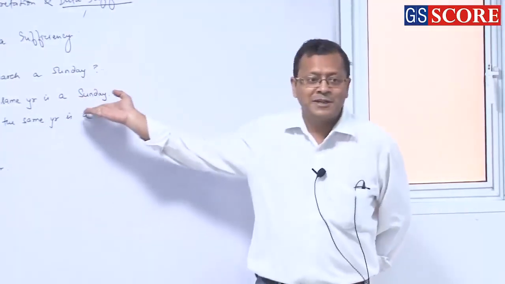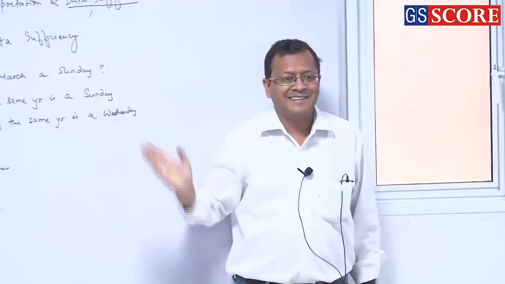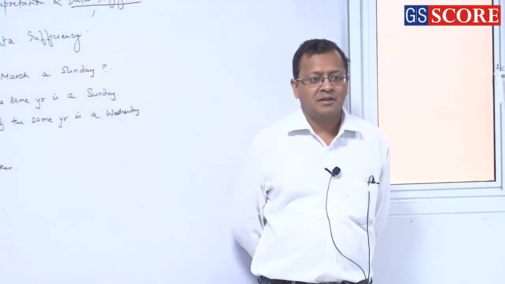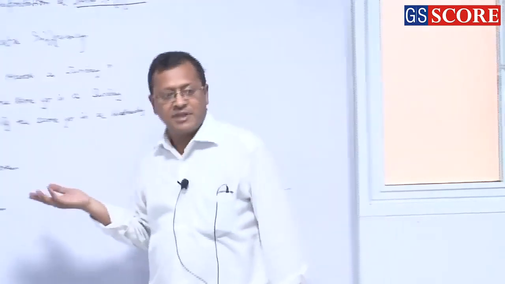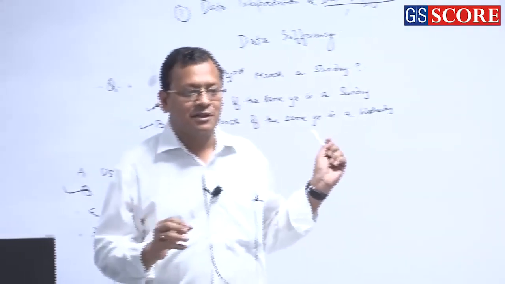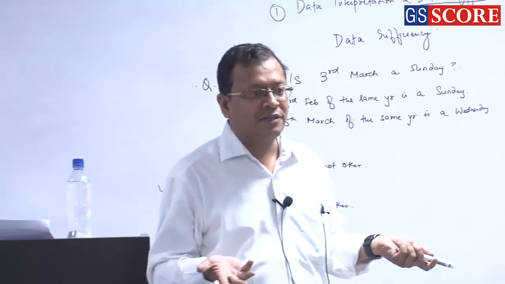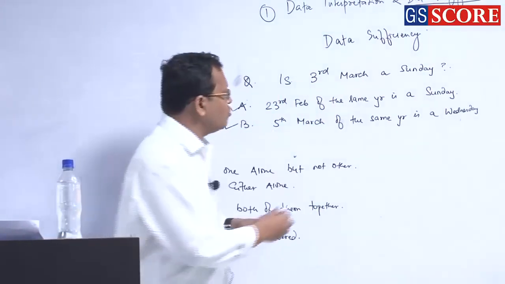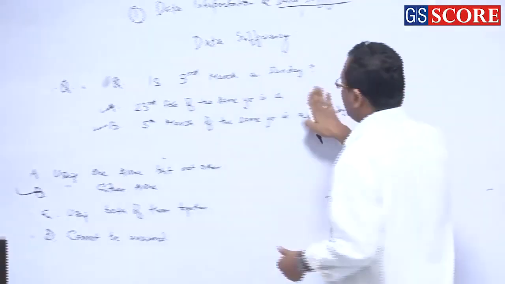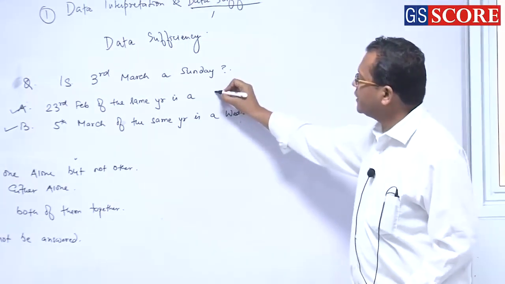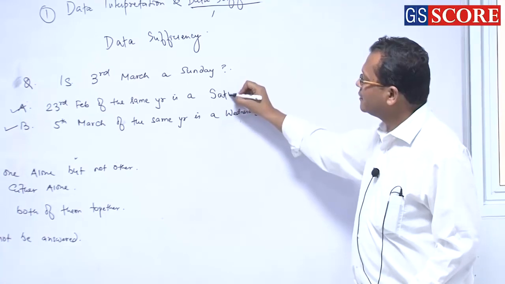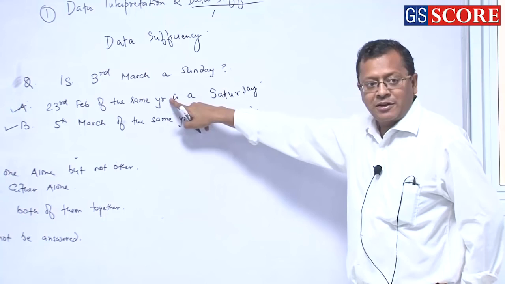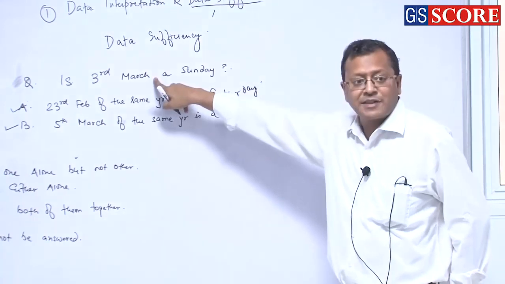Here it is not mentioned as well. Leap year is not mentioned. If it is mentioned, we are saying that if 23rd Feb is, say, a Saturday of the same year, and it is not a leap year, then 3rd March is a Sunday.